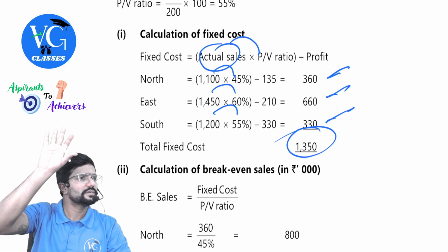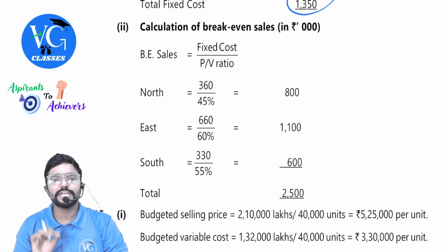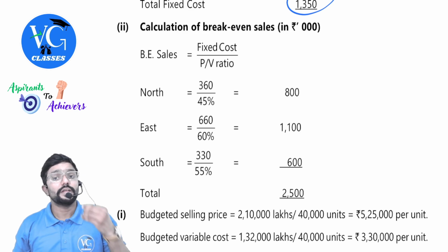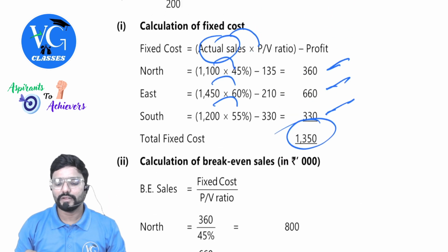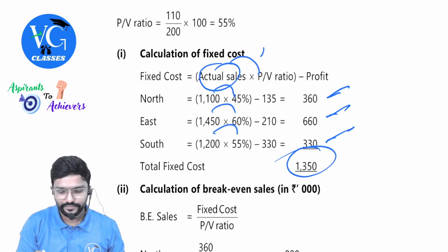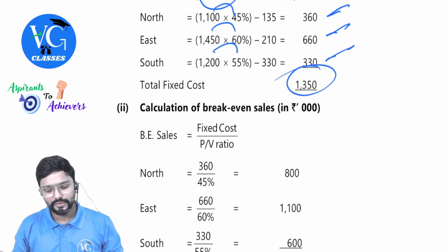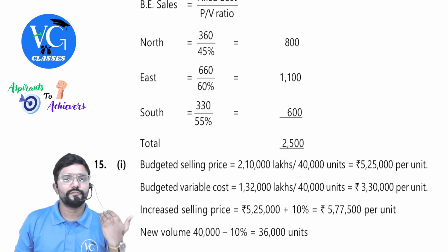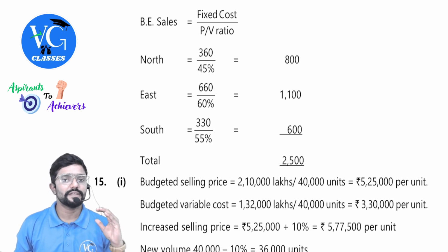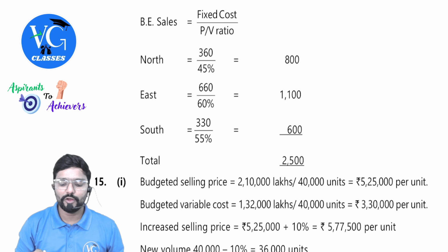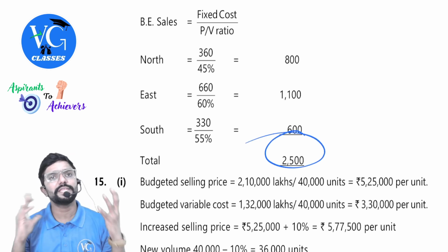Guys, any doubt? Next, calculation of break-even sales in thousands. Yes, this is also in thousands only. North, fixed cost divided by PV ratio, 800. East, 1100. South, 600. Overall, how much, guys? 2500, all three branches put together.